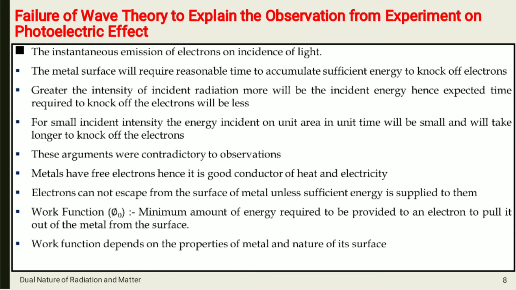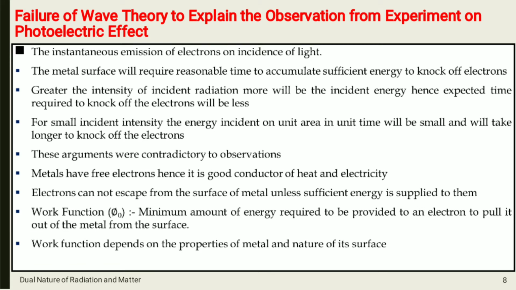But what were scientists thinking? The metal will take some time after light falls on it, means it will accumulate sufficient energy, and after some time the metal will emit the electron.